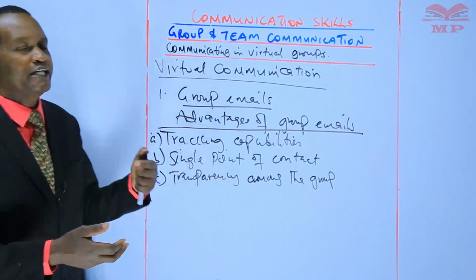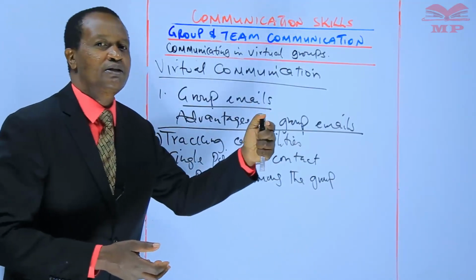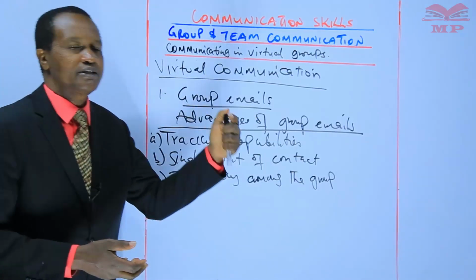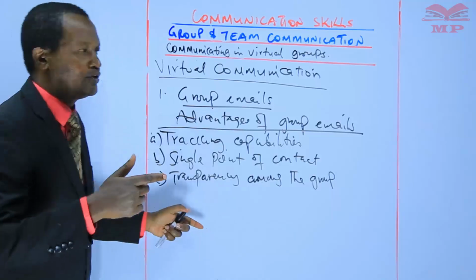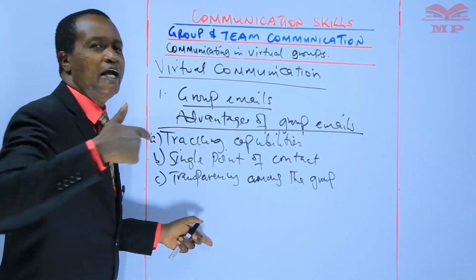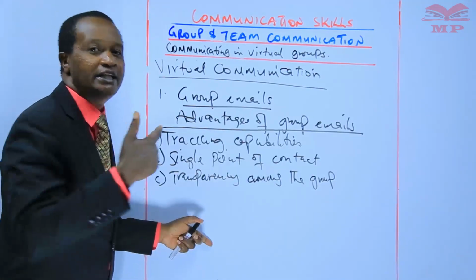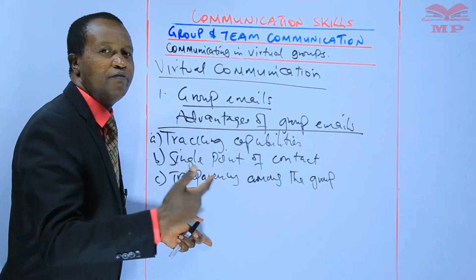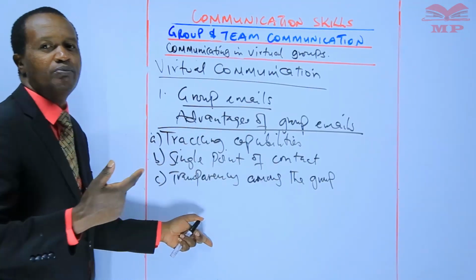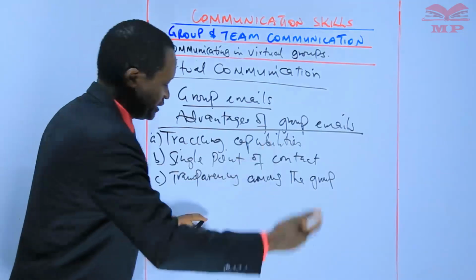Because if you are sending or sharing emails, then all the information that you have will be available to anyone on the list, and thereby avoiding the frustration that can come from lack of visibility.